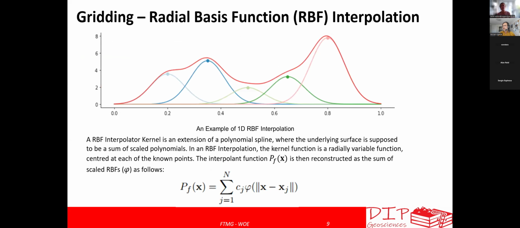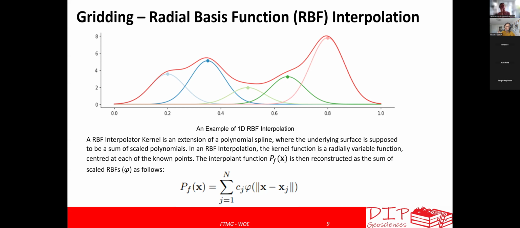So RBF, what is it? It's an extension of a polynomial spline. So the underlying surface is a sum of scaled polynomials. The kernel function is a radially variable function centered on each of the points.